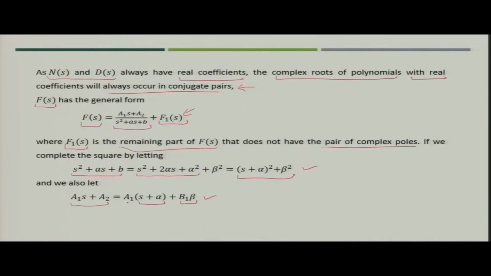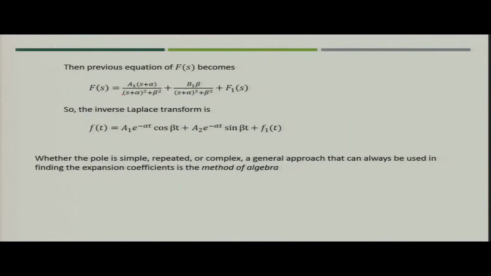So, this is what you got in the numerator, and in the denominator we have (s plus alpha) square plus beta square. If you rearrange, F(s) is a1 (s plus alpha) upon (s plus alpha) square plus beta square, plus b1 beta upon (s plus alpha) square plus beta square, and then the rest of the terms which do not have complex poles.